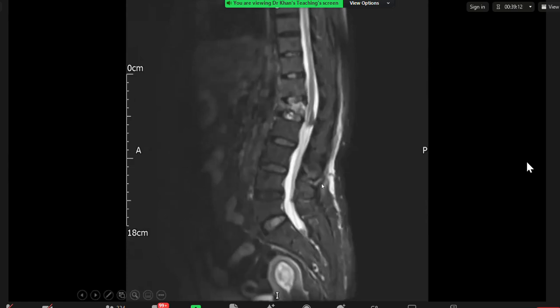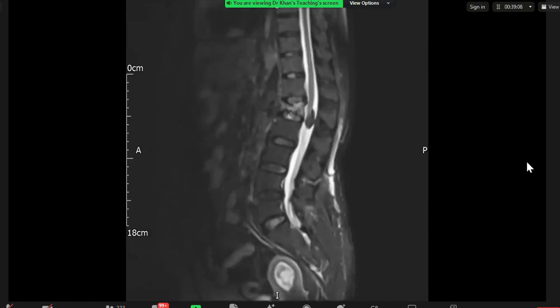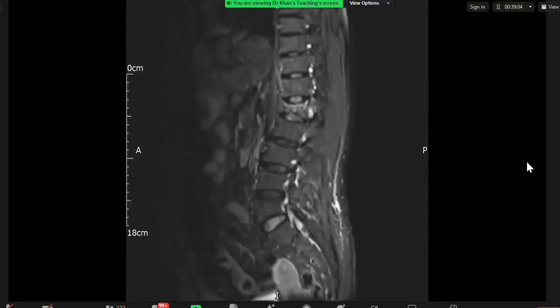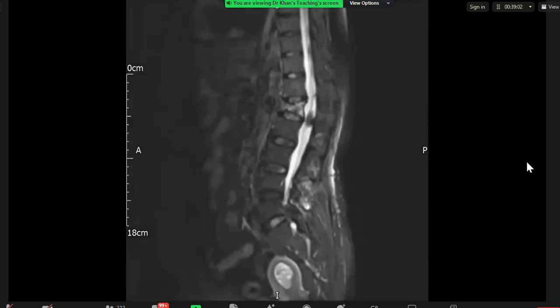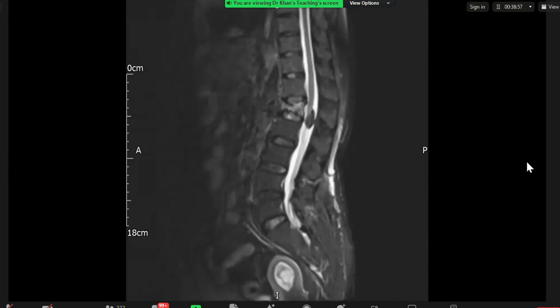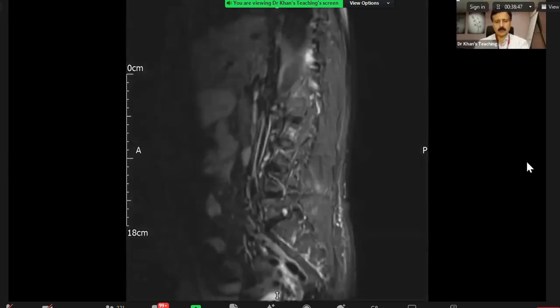Having a look at the cord, there isn't significant retropulsion, and there doesn't appear to be any extension of the abnormal signal within the posterior elements of the spine. There's a focal area of expansion local to this vertebral body. Please continue.